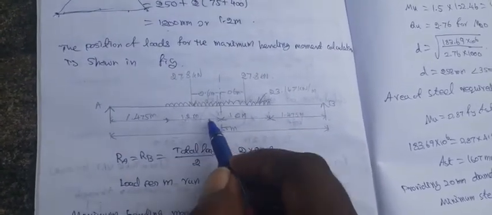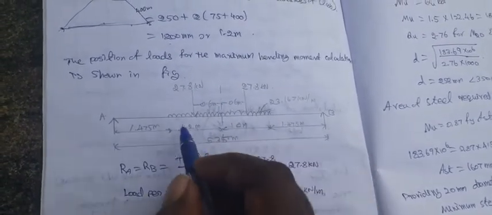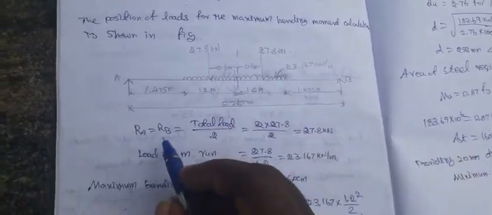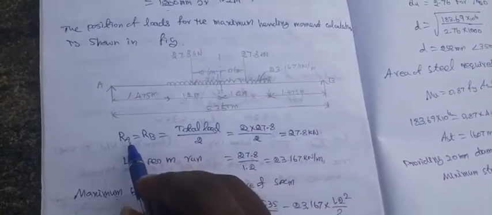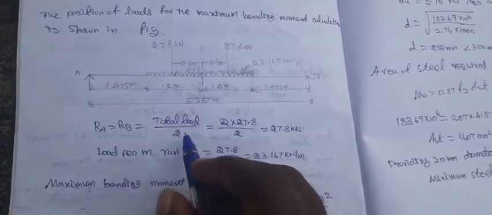So its value is 1.2 meter and on the left side 1.2 meter, and the remaining portions are 1.475, here 1.475. So for this loading case, RA and RB is equal to the total load divided by 2, just from the strength of materials.